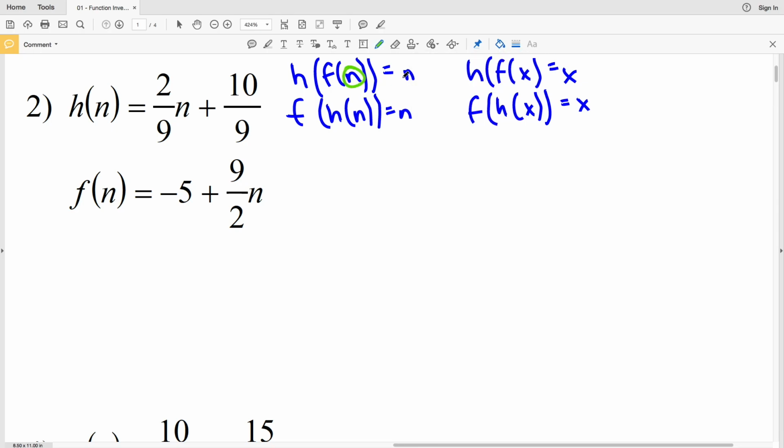But quickly, I'd like to note we do not have to switch this variable in to x. I just did so because n sometimes looks like an h when writing on my tablet. So I'll start with h of f of x. So we'll have h of f of x, which f of x is negative 5 plus 9 halves times x.